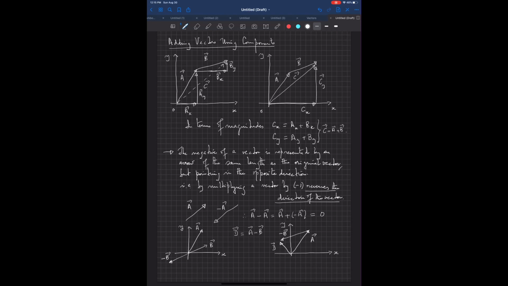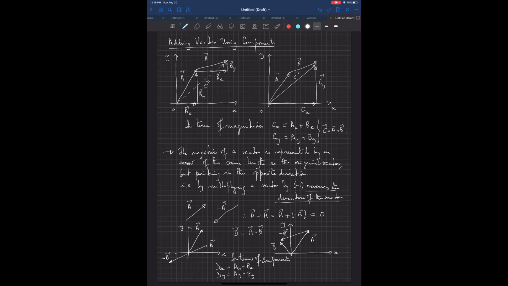In terms of components, one has the following. One says D sub x is A sub x minus B sub x, and D sub y is A sub y minus B sub y.